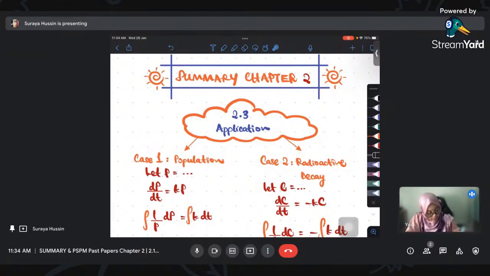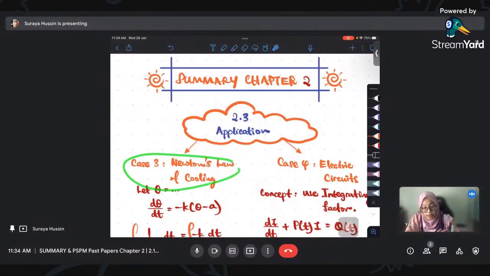Case ketiga kita ada Newton's law of cooling, dan case keempat kita ada electric circuit. So dalam silibus kita hanya ada 4 cases. There are only 4 cases that you have to follow. That's it. Only 4. It's not that hard. And amongst of these 4, only 3 of them are separable.